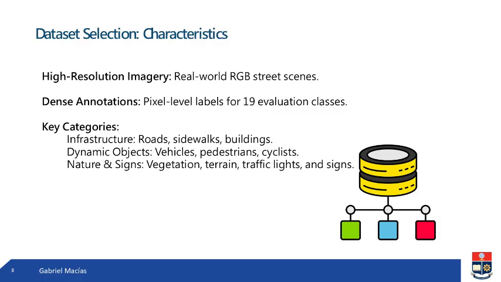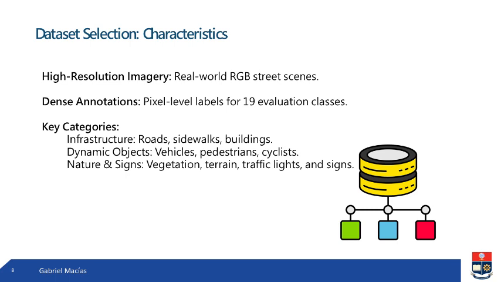Using benchmark datasets ensures that our results can be compared with previous studies and that our conclusions are grounded within the existing literature. These datasets include high-resolution images captured in real urban environments, with detailed pixel-level annotations covering multiple semantic categories such as roads, sidewalks, vehicles, buildings, pedestrians, vegetation, traffic signs, and other relevant urban objects.